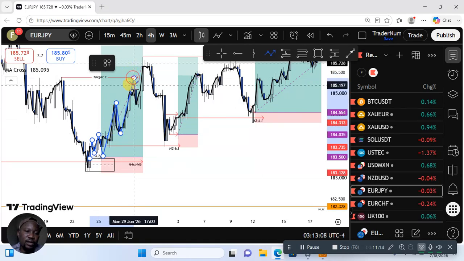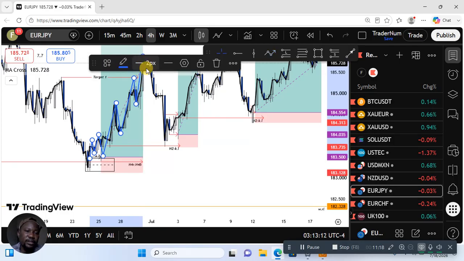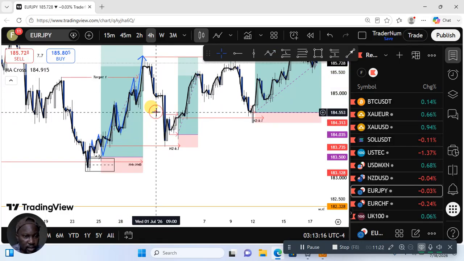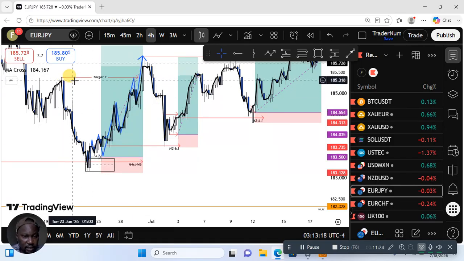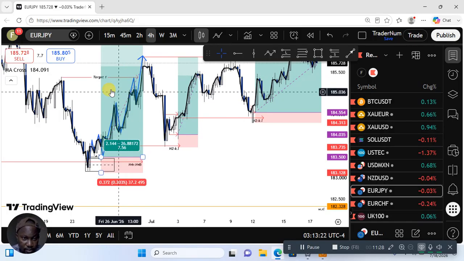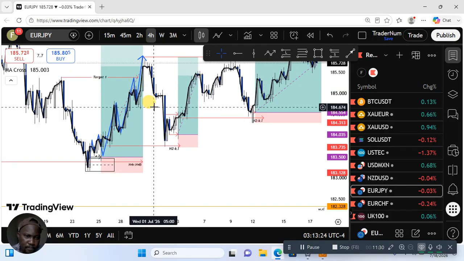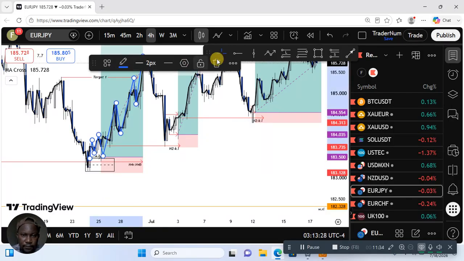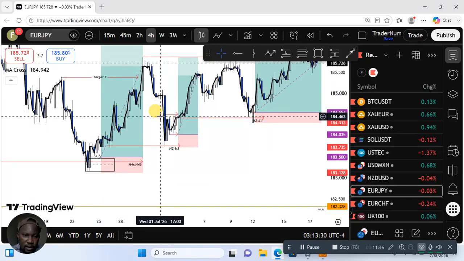Now, what we should be looking at after this first high was taken. The first high was taken, all still internal, but it was taken out, right? Now, we're going to look at our 4 hour chart and pay close attention to what is going on in our 4 hour candles.